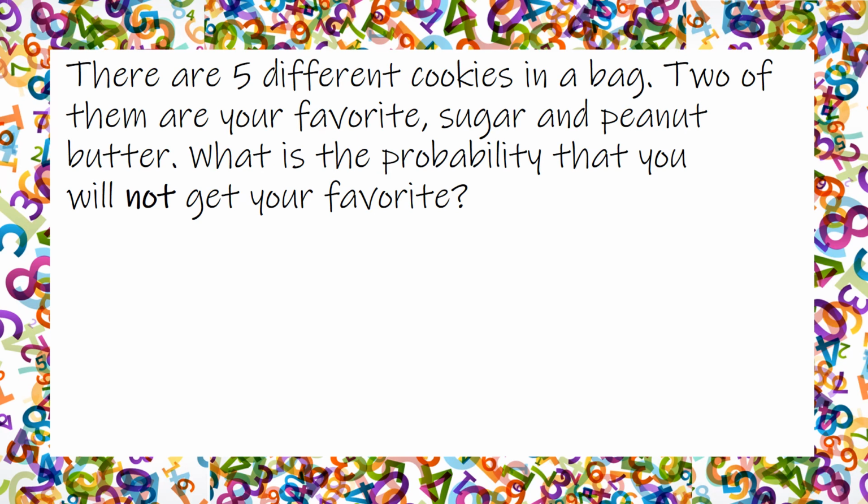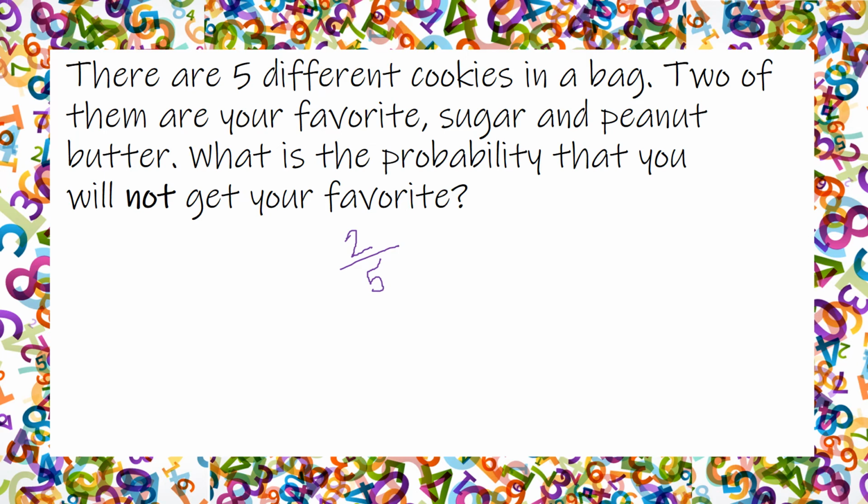Okay, there are 5 different cookies in a bag. 2 of them are your favorite, sugar and peanut butter. What is the probability that you will not get your favorite? So if 2 kinds of those cookies in that bag are your favorite, and there are 5 different cookies in there, what is the probability that you will not get your favorite?